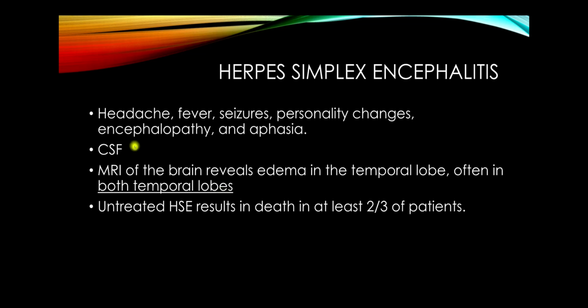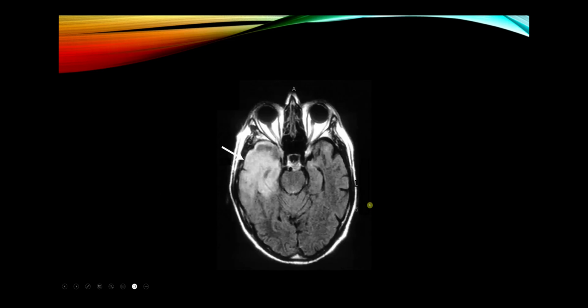Then we can do a lumbar puncture because we want to specifically identify that it is herpes simplex and not some other type of encephalitis. Once we think the patient may have this, we right away get them going on antiviral treatment because you don't want to delay. Untreated, death occurs in about 2/3 of patients.